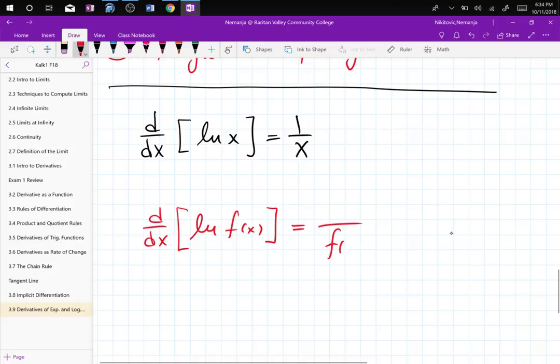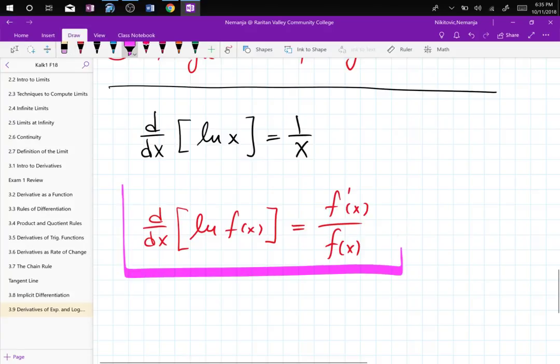Equals, you put f of x as is in the denominator and its derivative in the numerator. So whatever your function is, you get to copy it here, and then for the chain rule purposes, just take the derivative up and you're done. By far my favorite derivative. Most of your derivatives in sciences and later courses are going to be these ones, ln of a function.